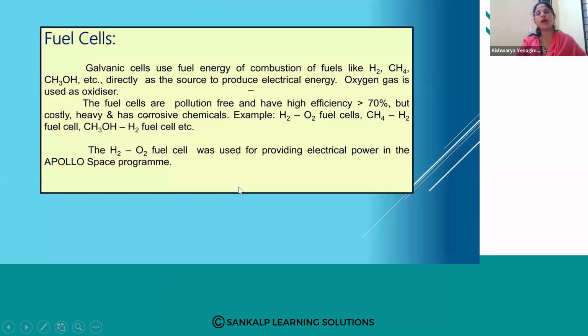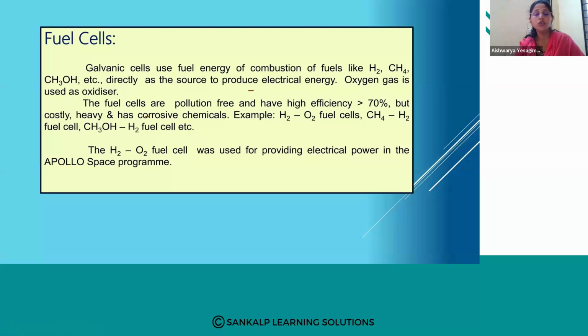Okay. Then you have something called fuel cells. What are fuel cells? Galvanic cells that use the energy of combustion of fuels. It may be hydrogen gas combustion, methane combustion, or alcohol combustion. We know oxidation is called combustion, a burning process in the presence of oxygen.